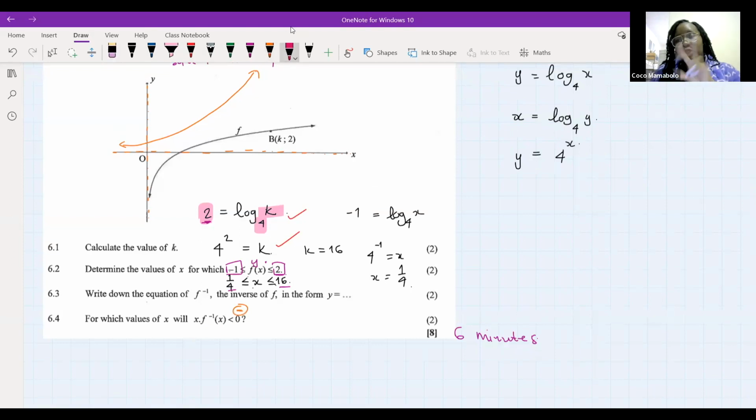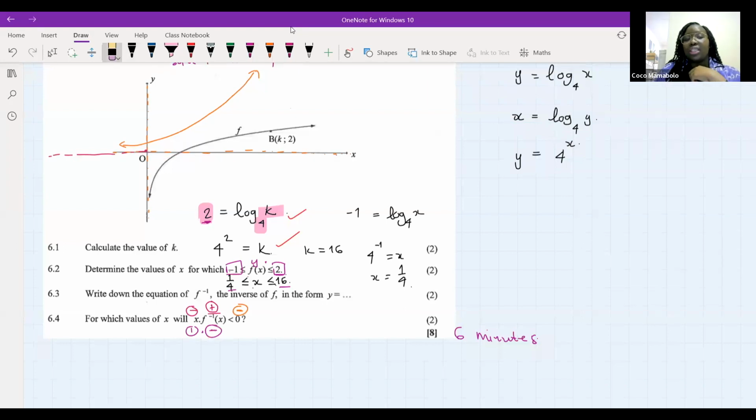I have two options for this. I'm either going to have the positive part of my inverse graph multiplied by my negative x values on the x-axis, so all of these negative values multiplied by the positive of this graph, or I'm going to take the negative of my inverse graph multiplied by all the positive values going in that direction of my graph.